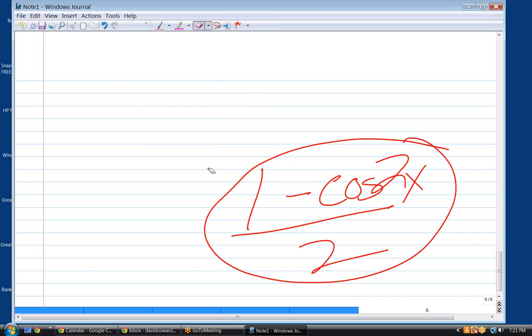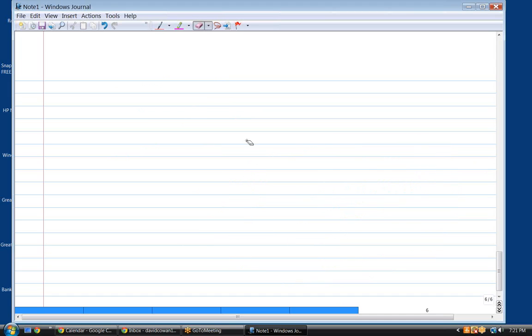So whenever you have a trig function squared and you're trying to integrate it, you're going to use those power reducing formulas. They're essentially the opposite of the double angle or the half angle formula. Or that's where they come from.